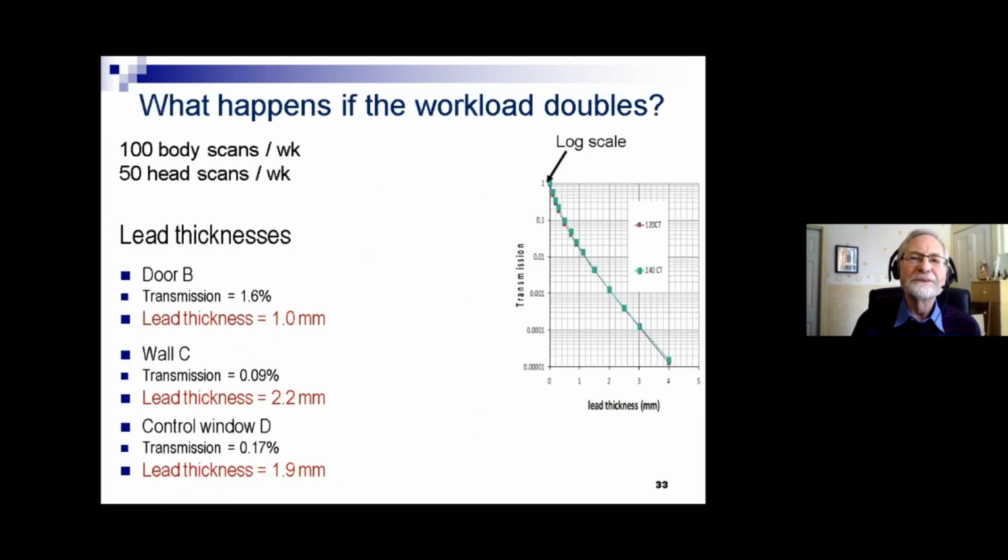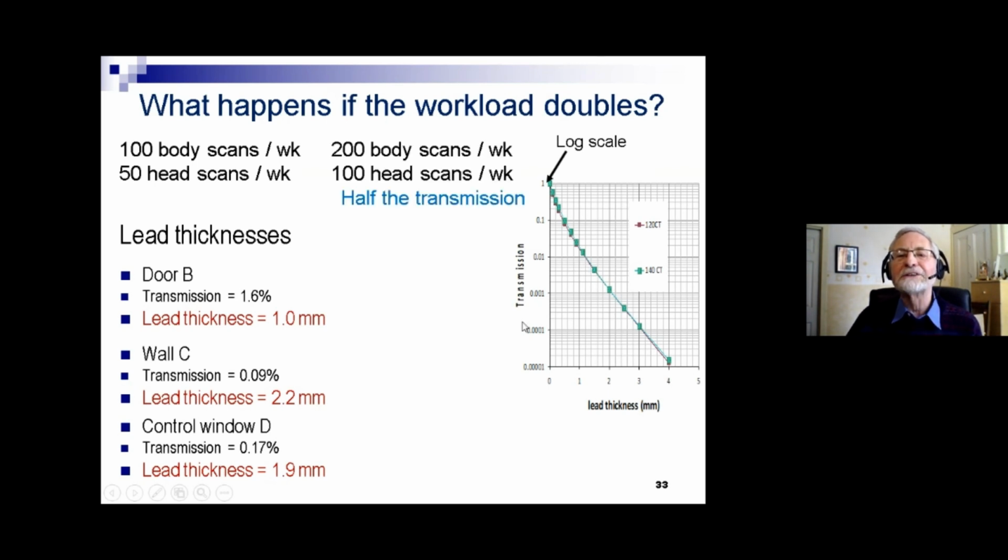Another thing: what happens if the workload doubles because there's more demand, more patients? But this transmission is on a log scale. So if you went from 0.01 to 0.005, it's a much smaller increase on top of the shielding that's present.